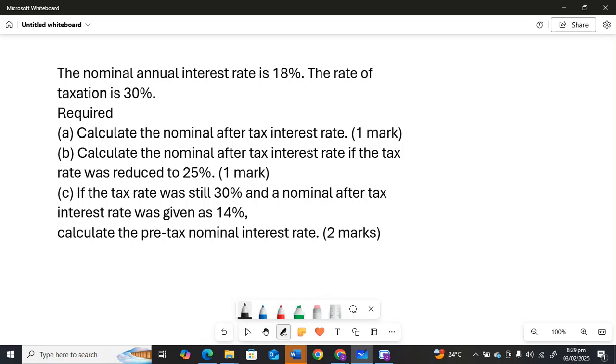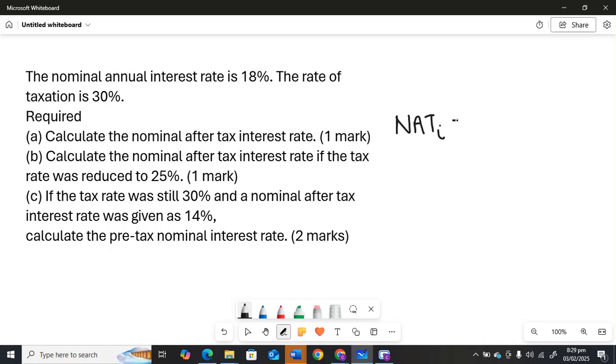So this is how we calculate our nominal after tax interest rate. I'll abbreviate it as NATI, nominal after tax interest rate. I just don't want to write the whole word.